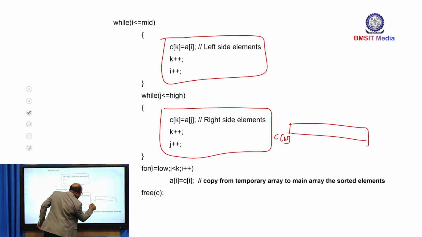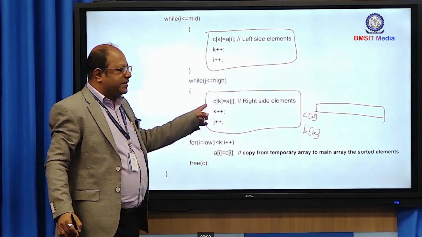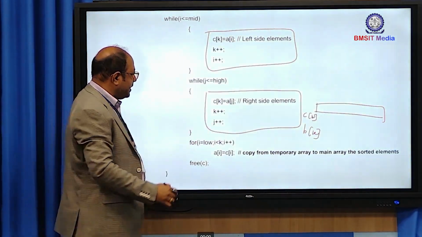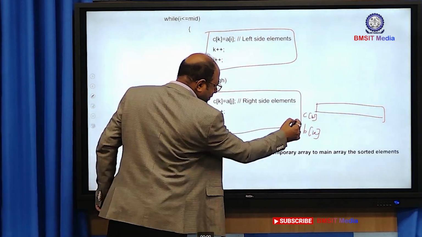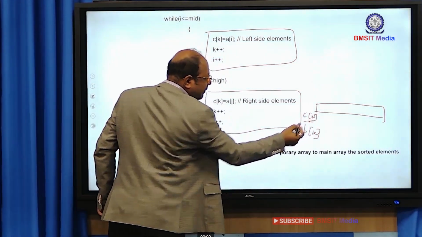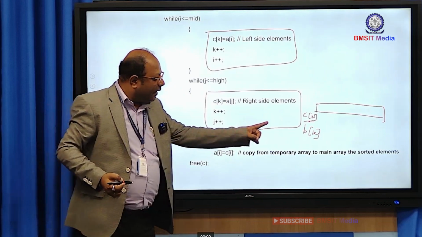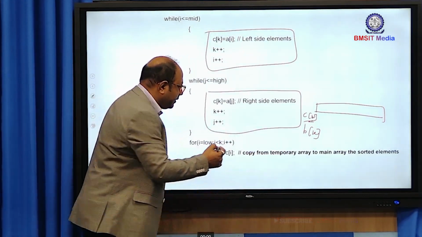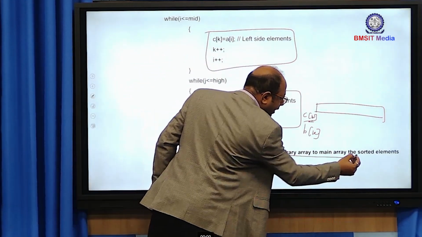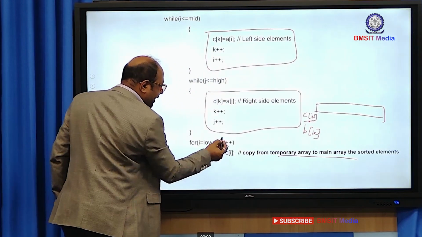In the explanation of the algorithm it is B of k, and in this program we have used C of k. So completely the auxiliary array, C of k, will have the sorted elements. That sorted element copy, copied to the main array, is nothing but A of i.